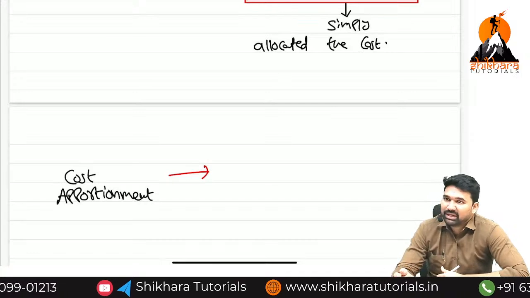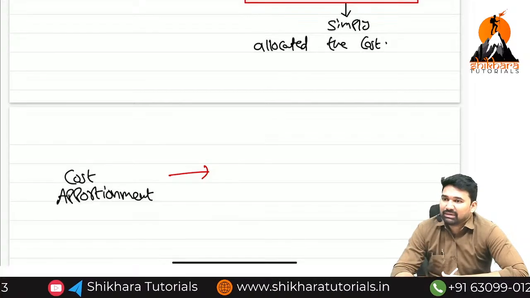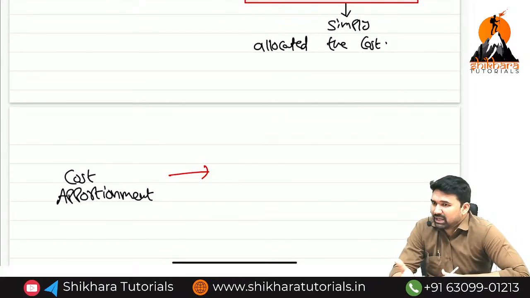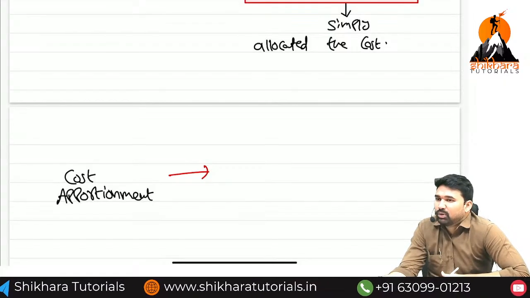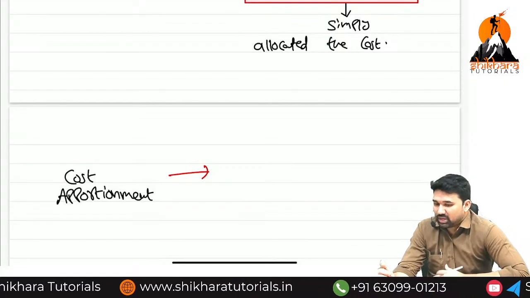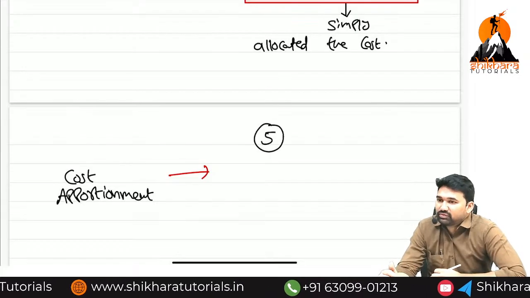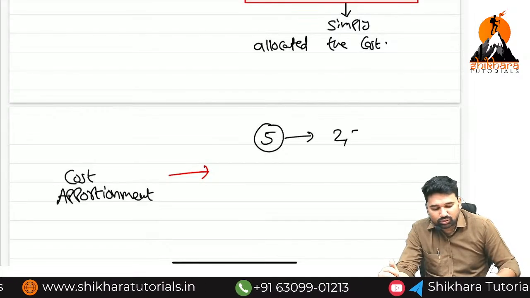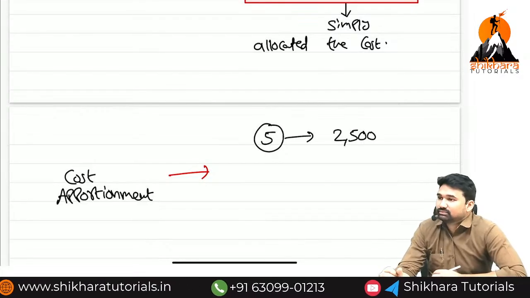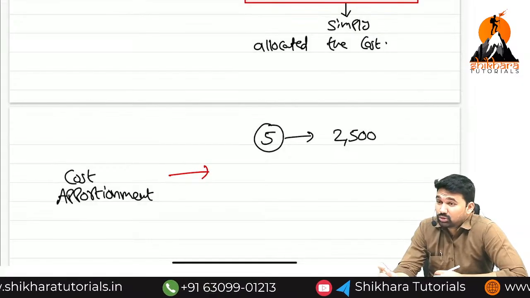Some people eat expensive non-vegetarian dishes, some people eat only economical items, which are very pocket friendly or budget friendly. Ultimately, the bill amounts to 2,500.